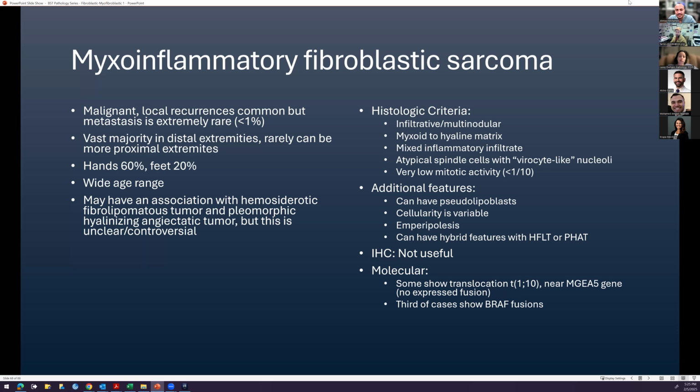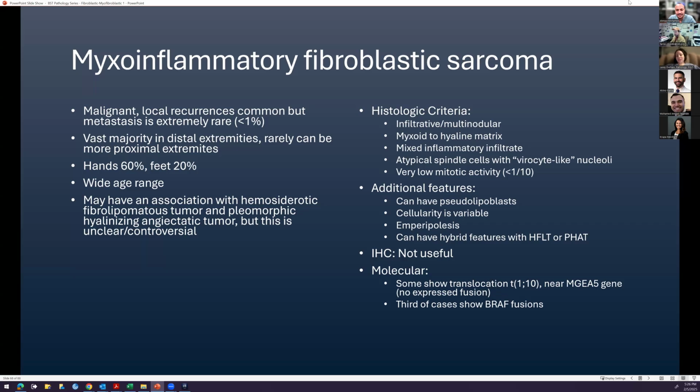I wouldn't worry about those yet. We'll talk about those eventually, but I'll say that the connection is kind of dubious and unclear, right? But it is well documented that you can get hybrid tumors between these three entities.